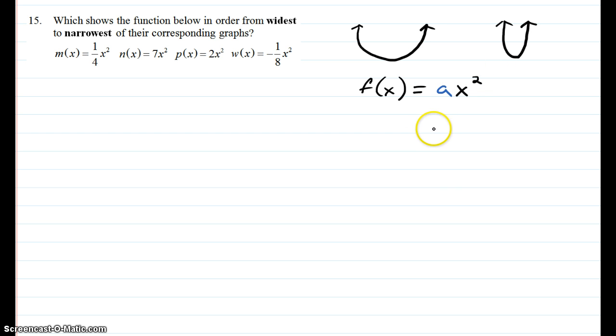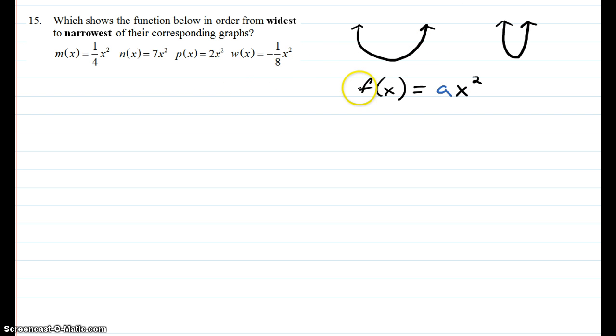So the bigger the number, so if this were 7x squared, that means the graph grows faster, and so that means that it's going to be narrow. And the smaller the number slows it down and makes the graph wider.